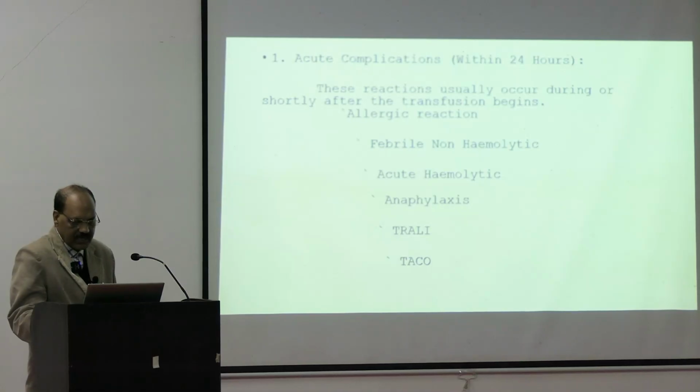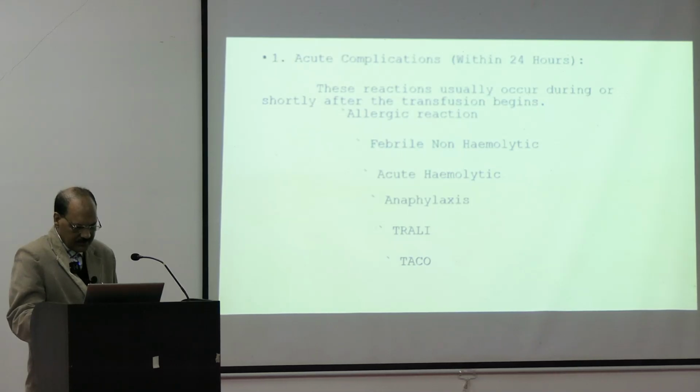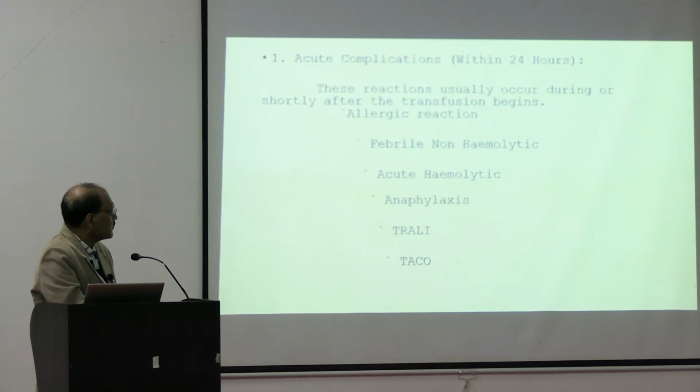Then TRALI, acute lung injury, may be there, with edema in the lung. Then TACO, transfusion associated circulatory overload. These are a few complications that can arise. These are the acute complications within 24 hours.